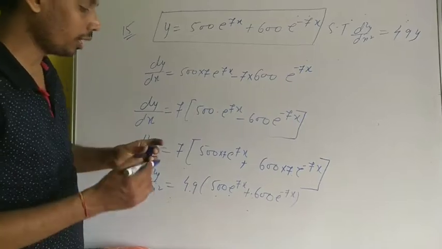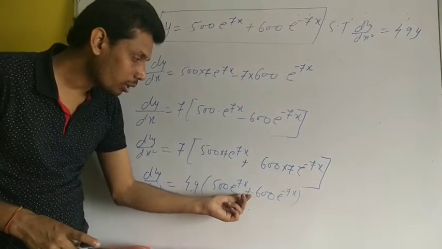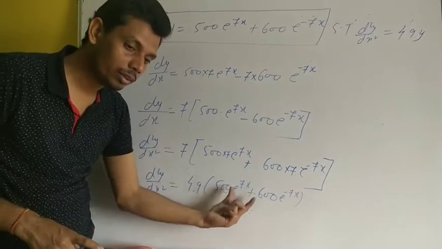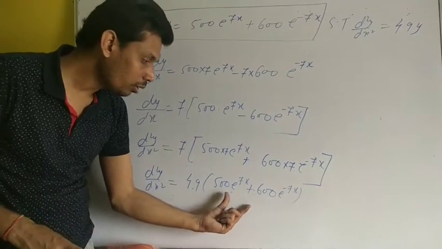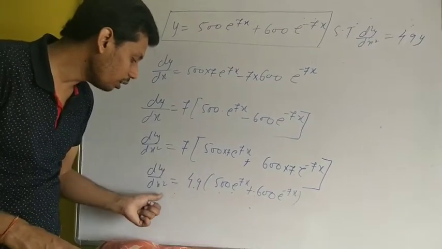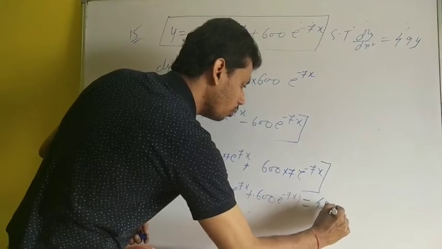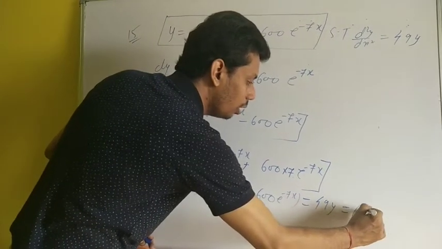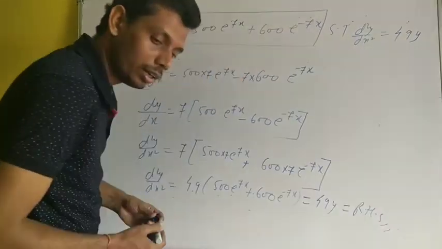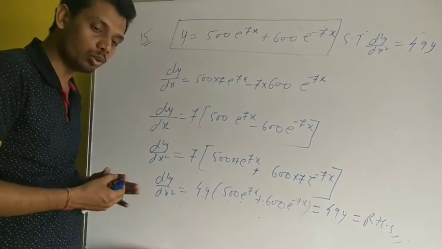Now it is given that the value of 500 e to the power 7x plus 600 e to the power minus 7x is y, so this can be replaced by y. So finally d square y by dx square is equal to 49y, and this is equal to RHS. So here we get the result. I hope that this question is clear to you all.